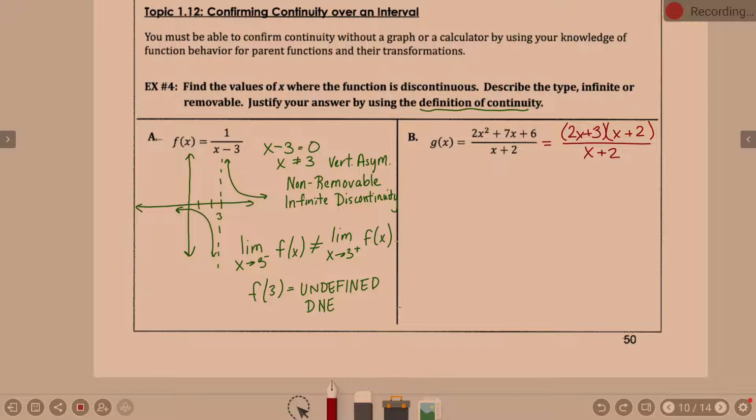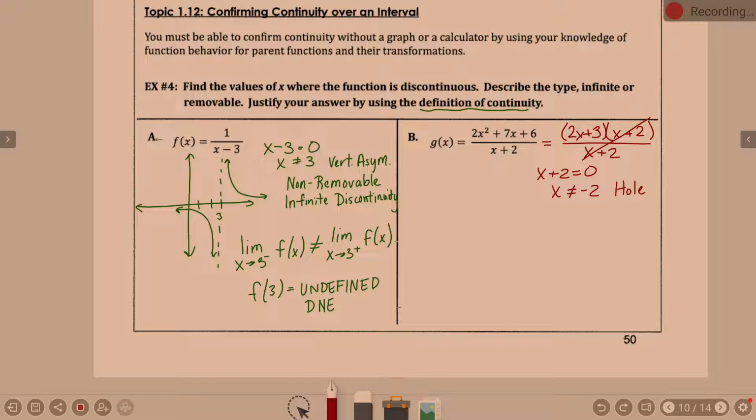There's a hole, yes? Right there, because those cancel, we know x plus 2 equal to 0, so x cannot equal negative 2. Because it's a canceling factor, we know it's a hole, right? As I said, that goes back to algebra 2, technically. Pre-calc is where we hit it hard, though.